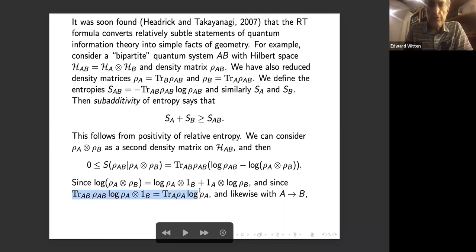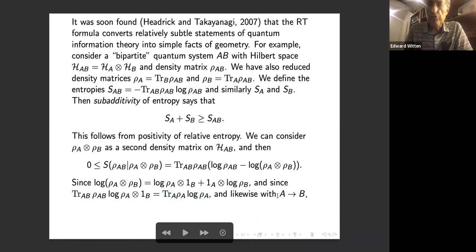You have to observe that if nothing depends on B, if the operator you're interested in is the identity on B, you can take the partial trace over B and replace rho_AB with rho_A. So you have this nice fact, and this you recognize as minus S_A, minus the entropy of system A.